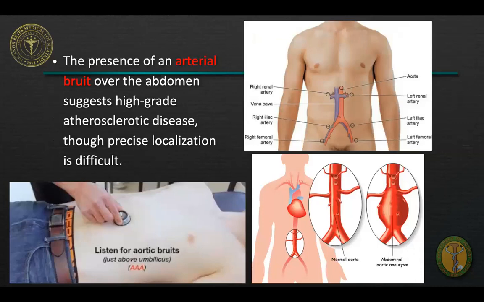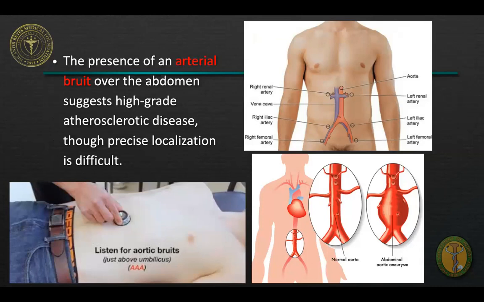In non-obese patients, the aorta typically is palpated between the epigastrium and the umbilicus. The sensitivity of palpation for the detection of an abdominal aortic aneurysm, that is a pulsatile and expansile mass, decreases as a function of body size.